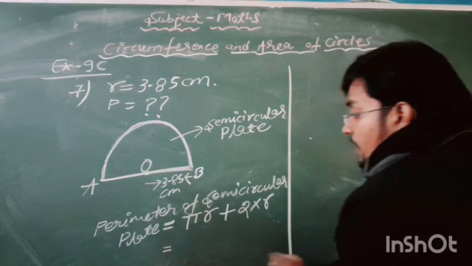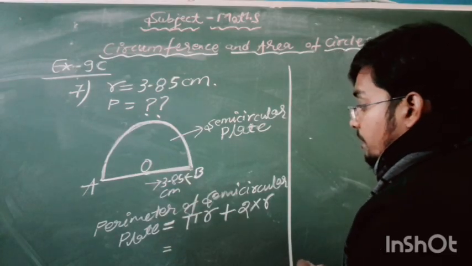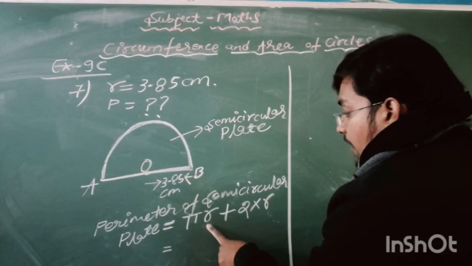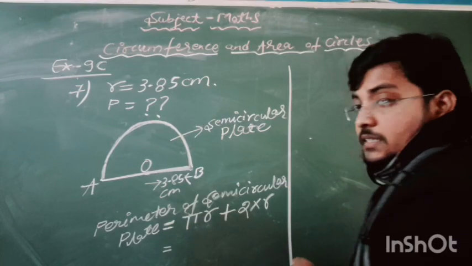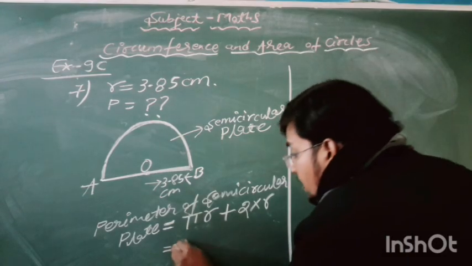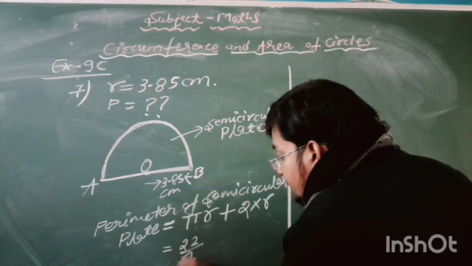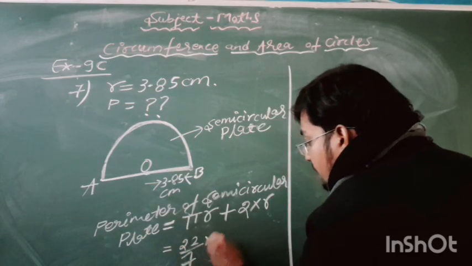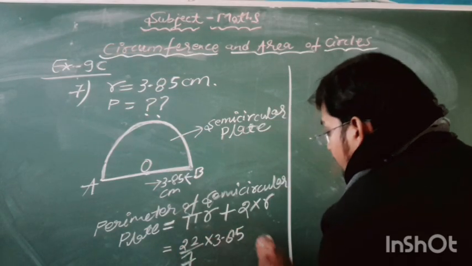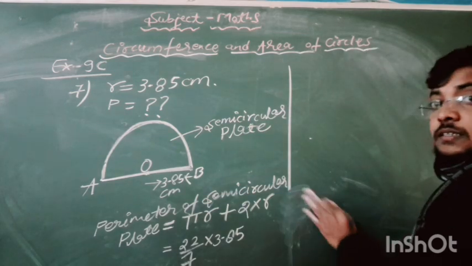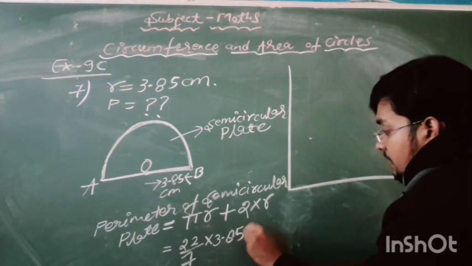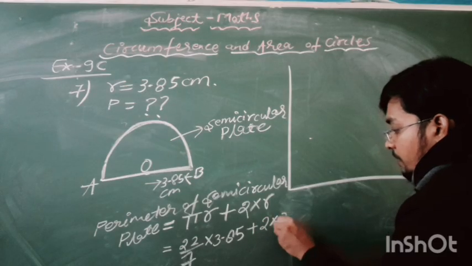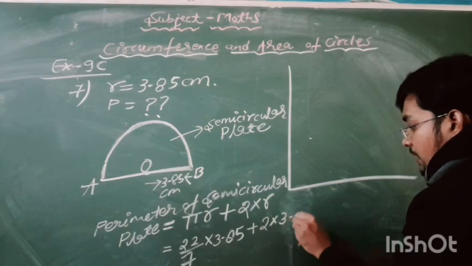So here we put the value of r in both the terms, and the value of pi is 22 by 7 into 3.85 plus 2 into 3.85.